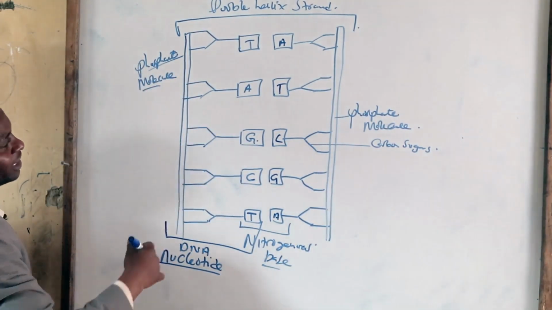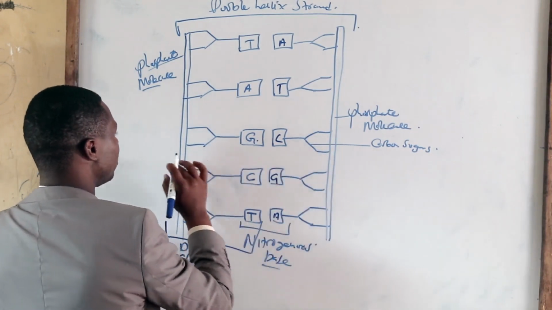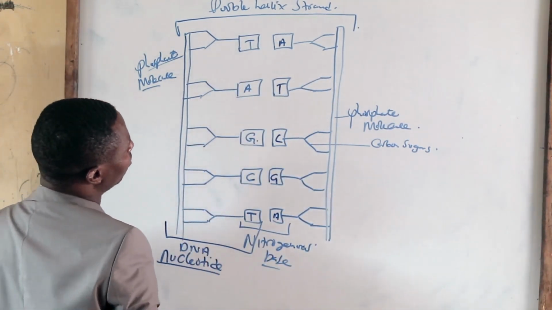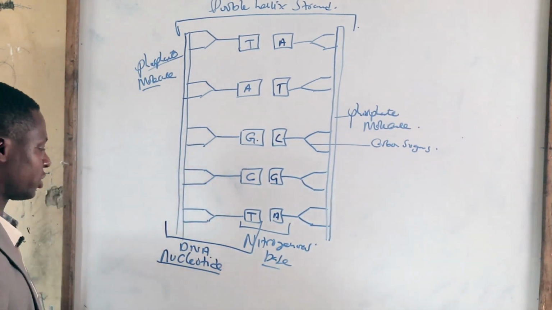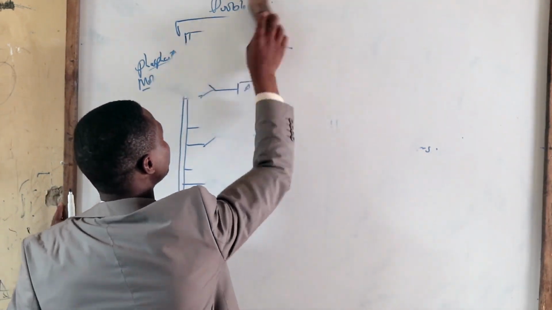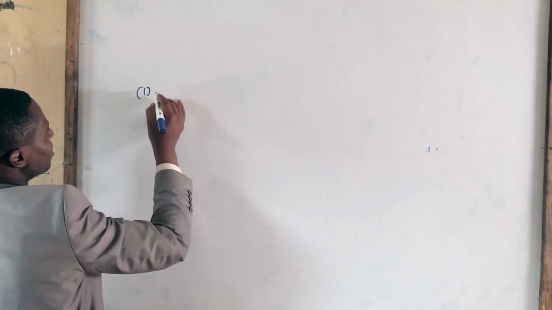So that is basically the structure of a DNA, comprised of phosphate molecule, carbon sugars, and nitrogenous bases at the center, comprising thymine, adenine, guanine, and cytosine. After the structure of the DNA, we look at the functions of the DNA. So, what are the main functions of the DNA?